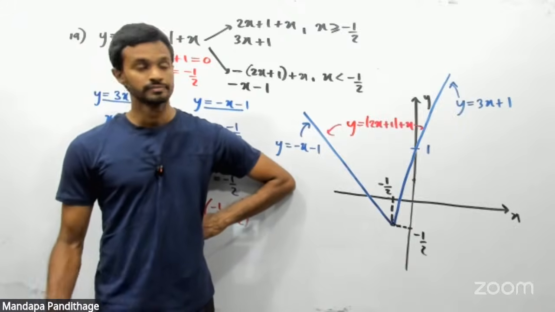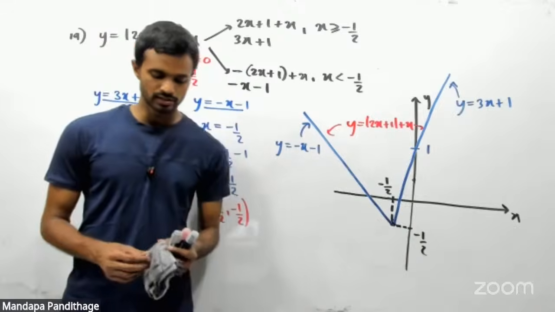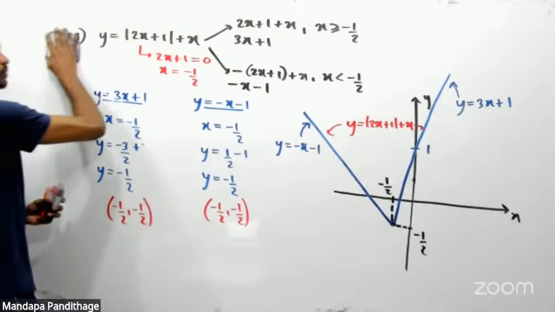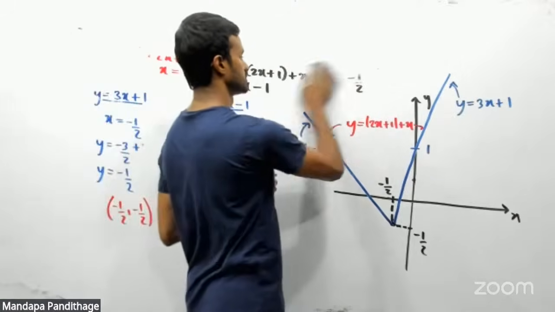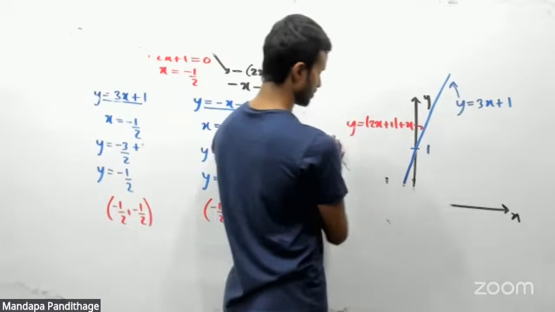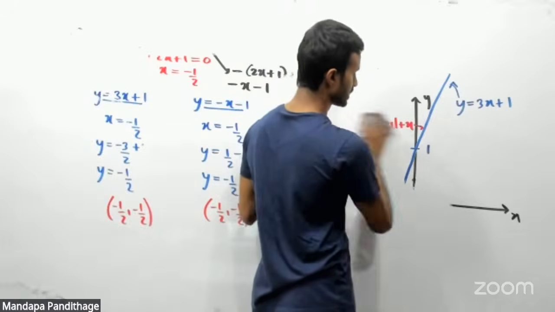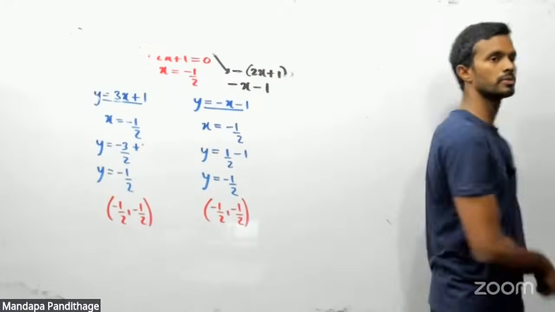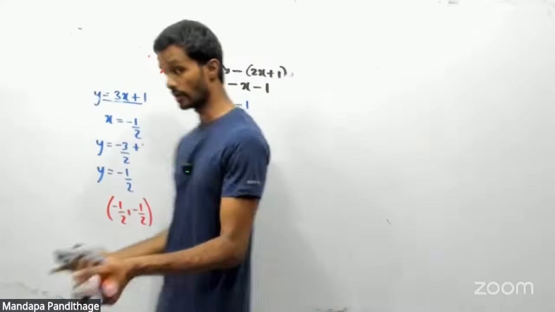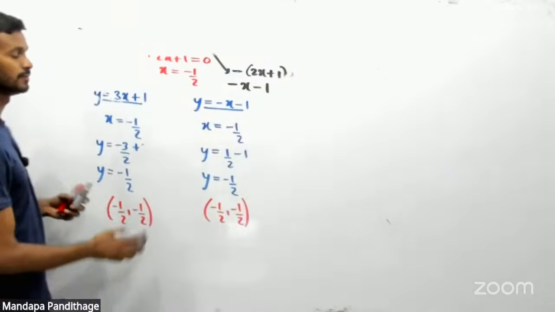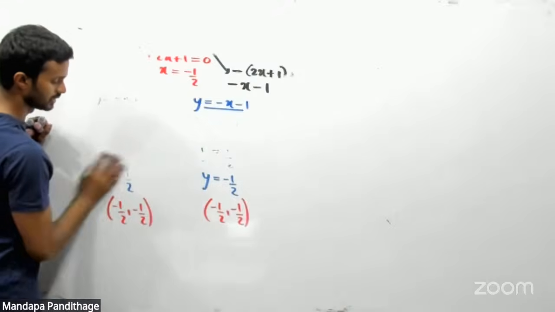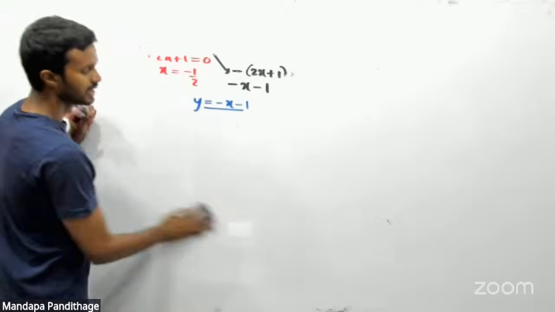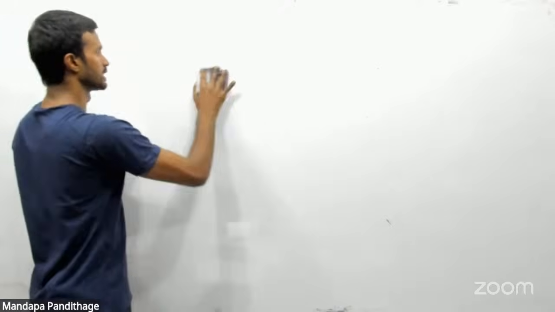Okay, so there are two methods to solve modulus inequalities. One is called the graphical method and the other one is known as the algebraic method. But mainly we are focusing on the graphical method. The reason is, if you look at these past paper questions, including 2026, which is not here because the paper was held last Monday, every year in this modulus graph question, they first ask us to sketch a modulus graph and then solve a particular inequality.